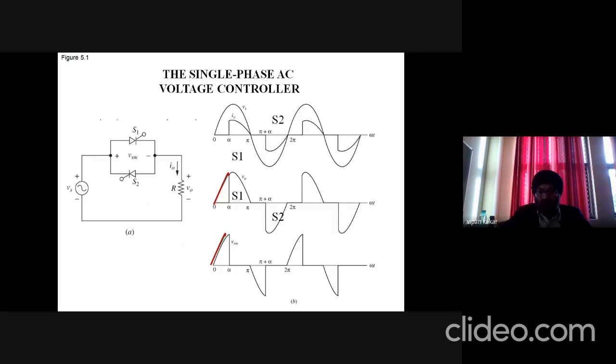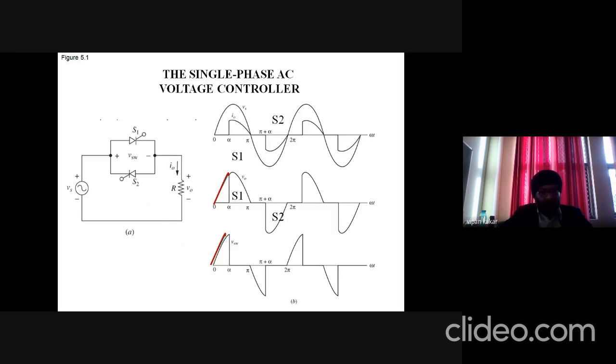In that case, the source voltage Vs is applied across the switch, which is VSW. So when neither of the switches is conducting, Vs will be equal to the switch voltage VSW, which will be applied across the switch S1.